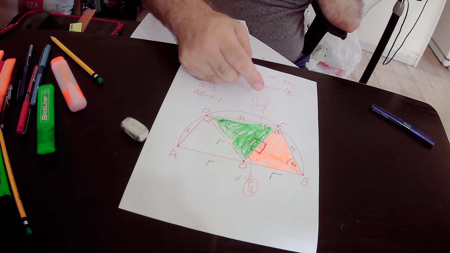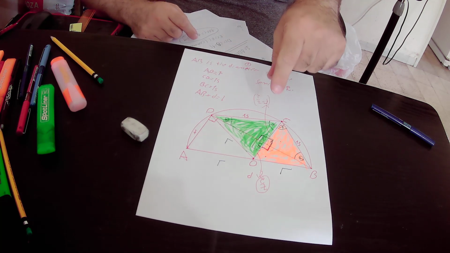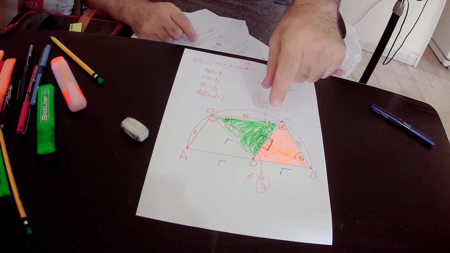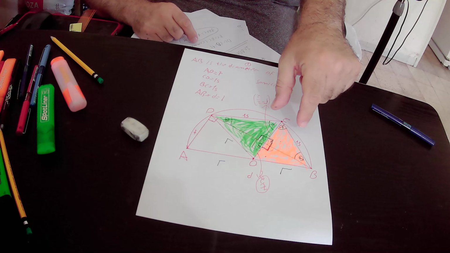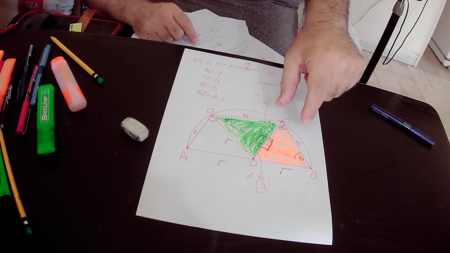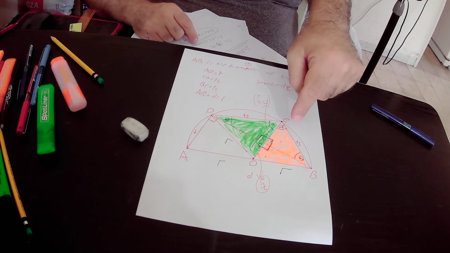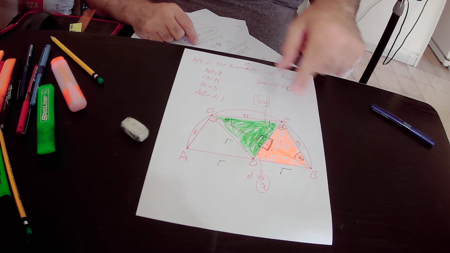Therefore, we found out that two sides of the green triangle DEC and the angle between them are equal to two sides and the angle between them of the orange triangle ECB.